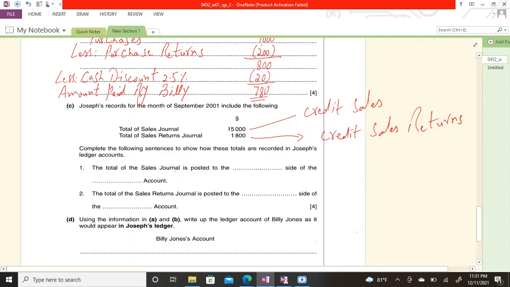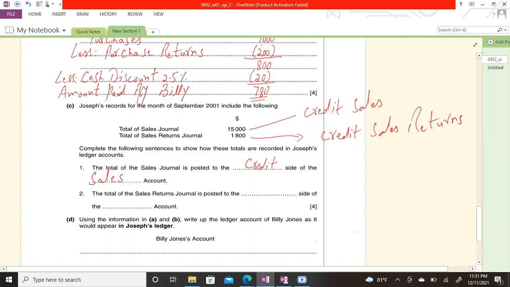So the total of the sales journal is posted, because the sales journal is a book of prime entry. The total is posted to the credit side of the sales account. Sales, we know, is our income, and as per the accounting rule, income is credit.